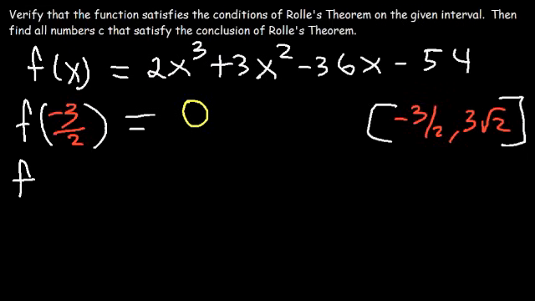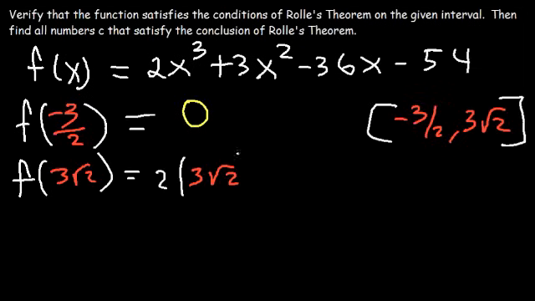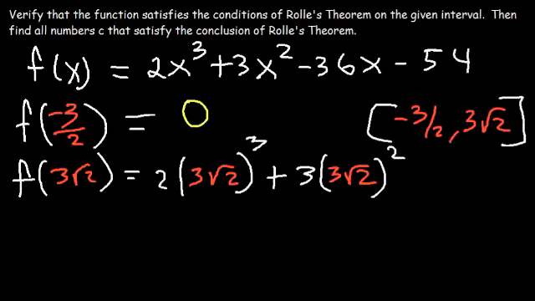Now let's evaluate f of 3 root 2. So it's 2 times 3 root 2 cubed plus 3 times 3 square root 2 squared minus 36 times 3 root 2 minus 54.